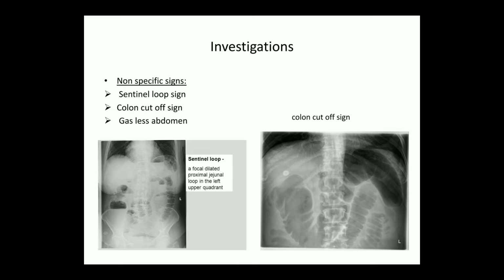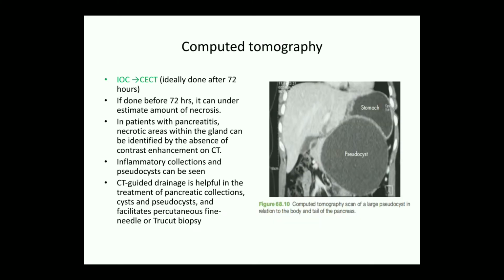These can be asked as questions, like what are the X-ray findings in acute pancreatitis. Because of the inflammation in acute pancreatitis, there is ileus, so the bowel is not contracting, and because of that we can have such signs on X-ray.